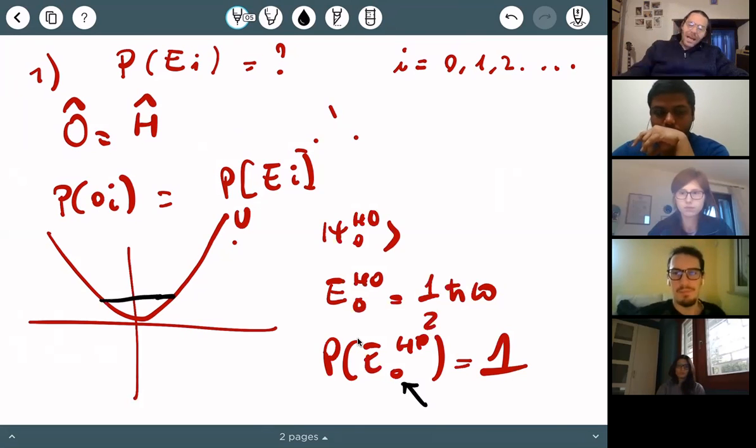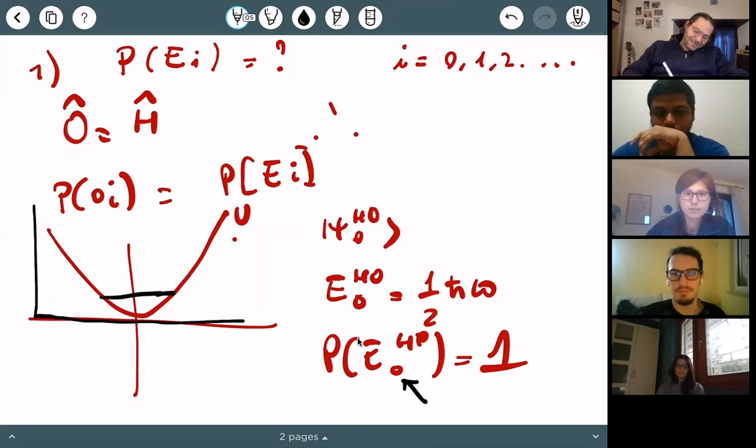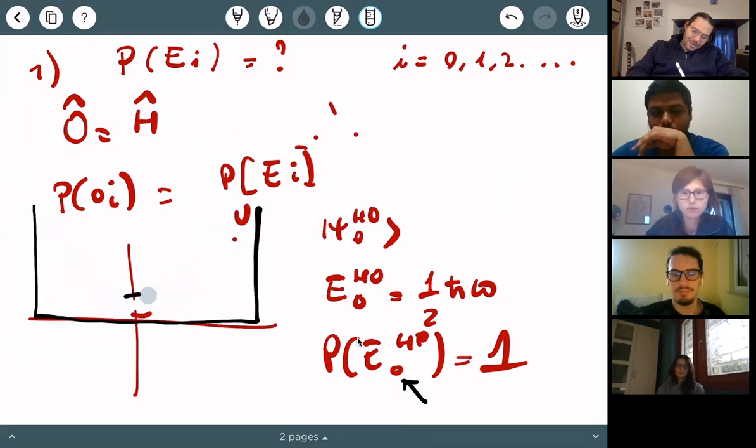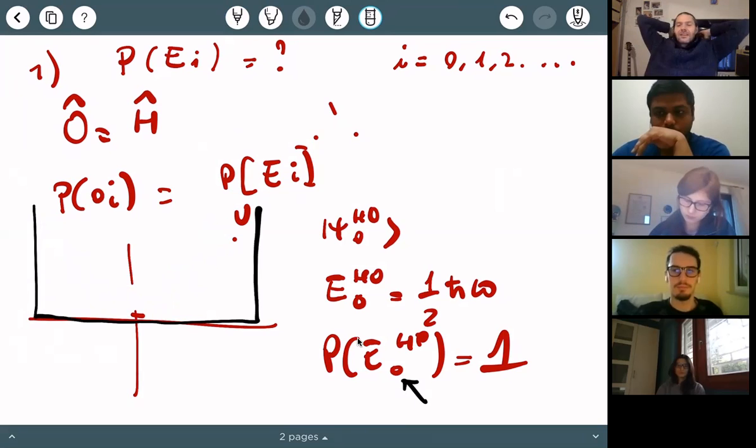Now, what I do now, I change the Hamiltonian. And almost immediately, I perform the measurement. Now, this adverb, almost, is the reason I was hesitating to speak some time ago.